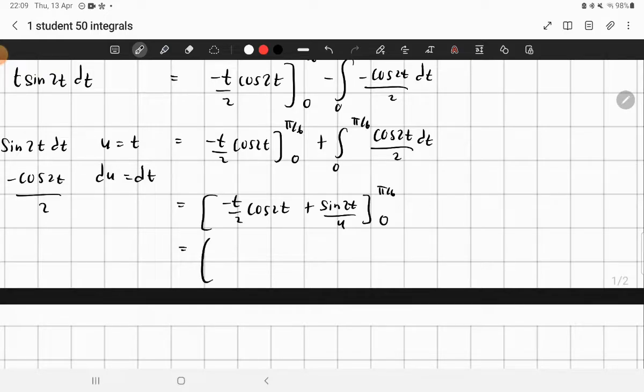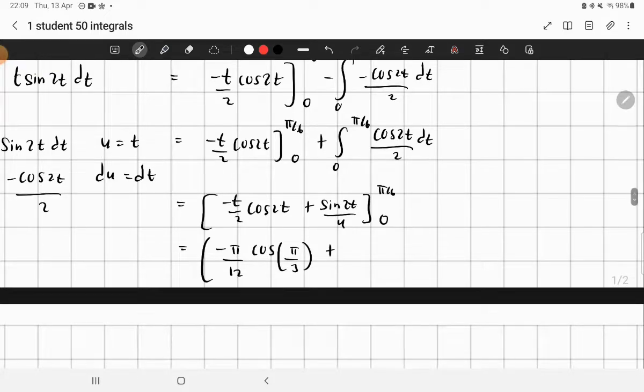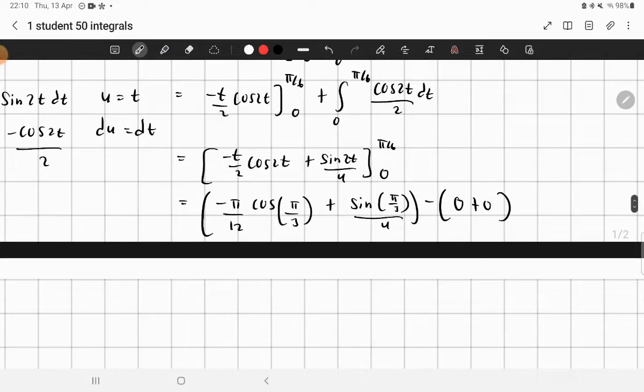You will have negative pi over 12 cosine of pi over 3, plus sine of pi over 3 over 4. When you substitute t equal to 0, the first term will be 0, and sine of 2t will be 0 as well, so you're just adding 0.